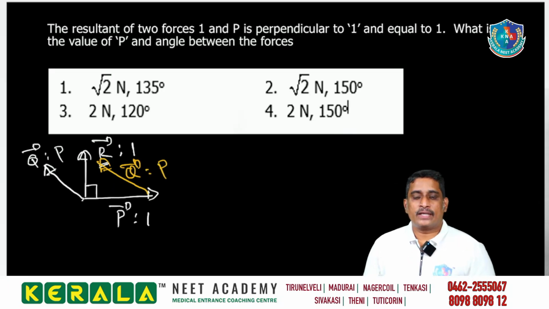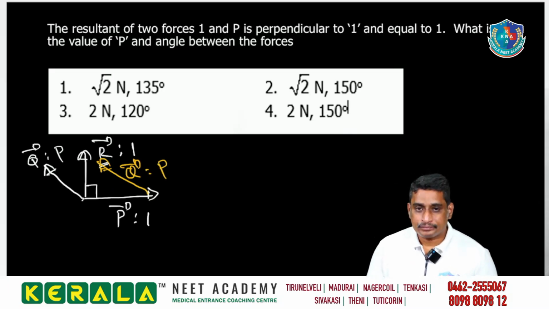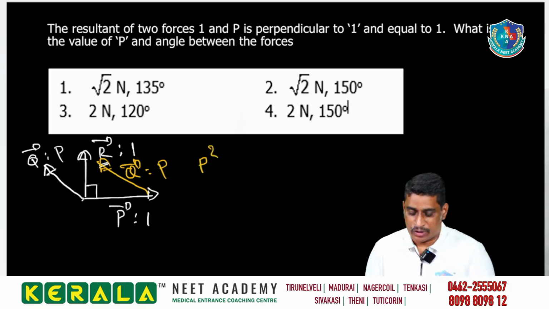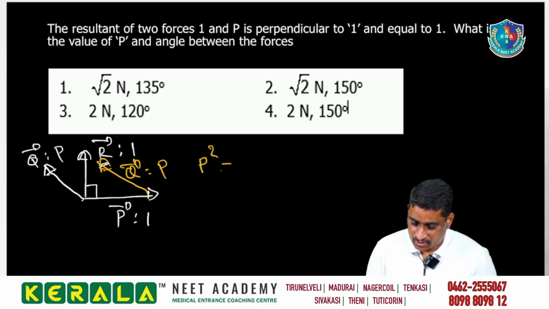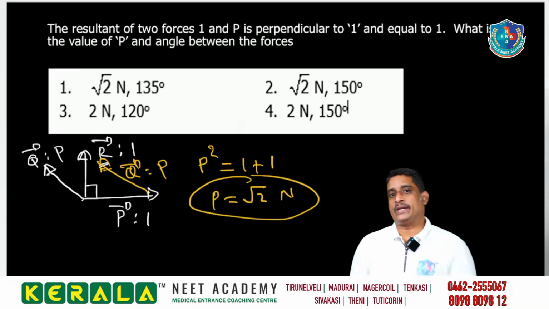From this diagram it is very clear, p square seems to be like the hypotenuse. p square will be equal to 1 plus 1. So p will be equal to root 2 newtons, you will get directly from the diagram. It is very clear.